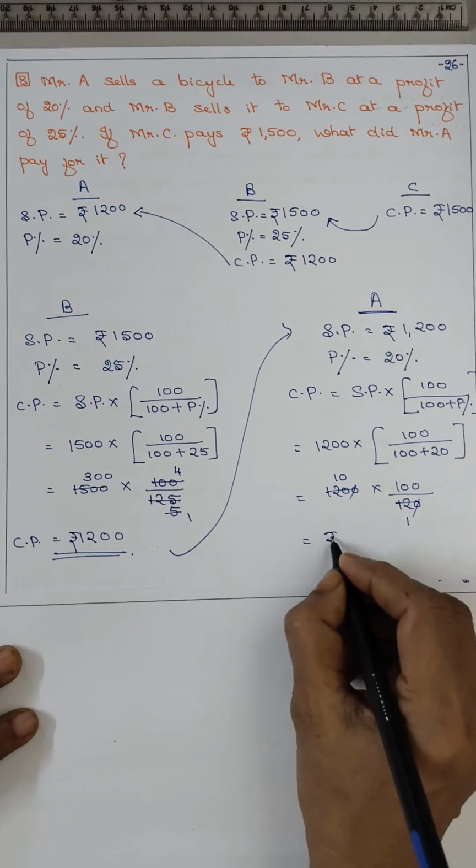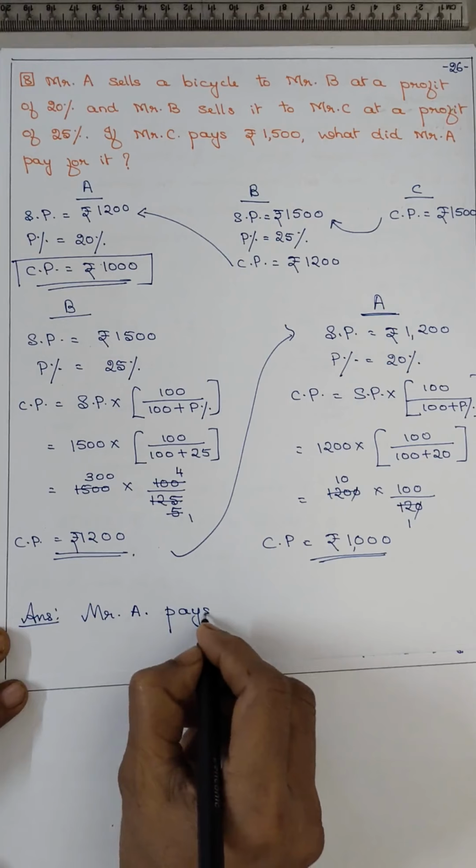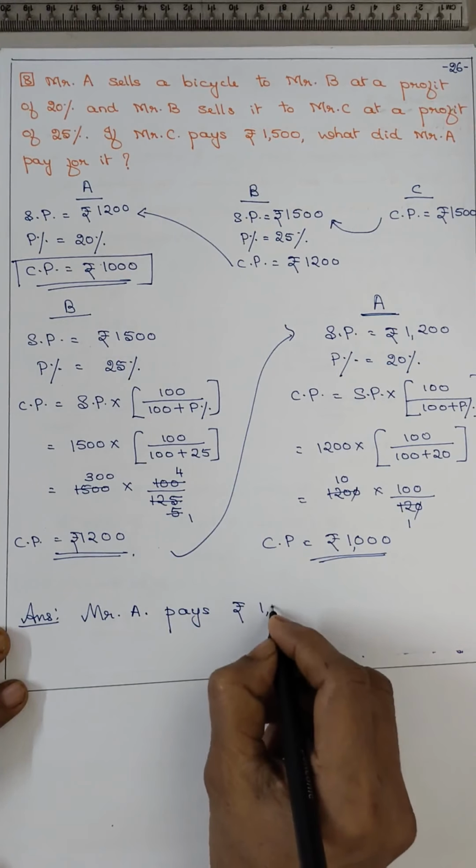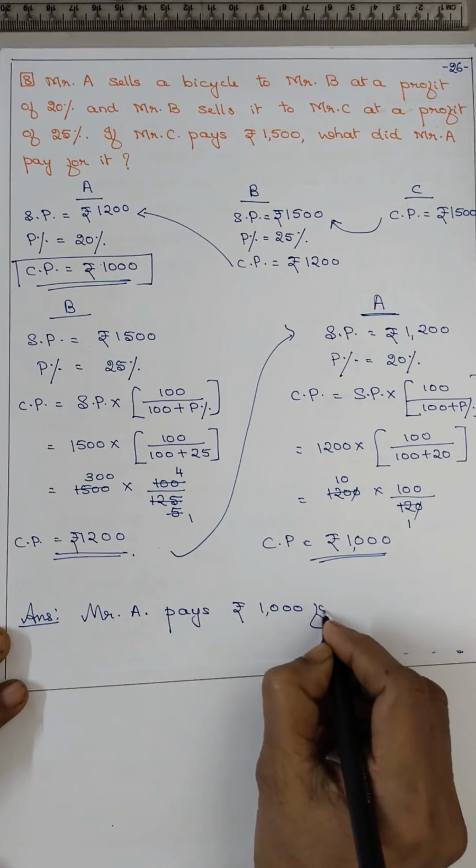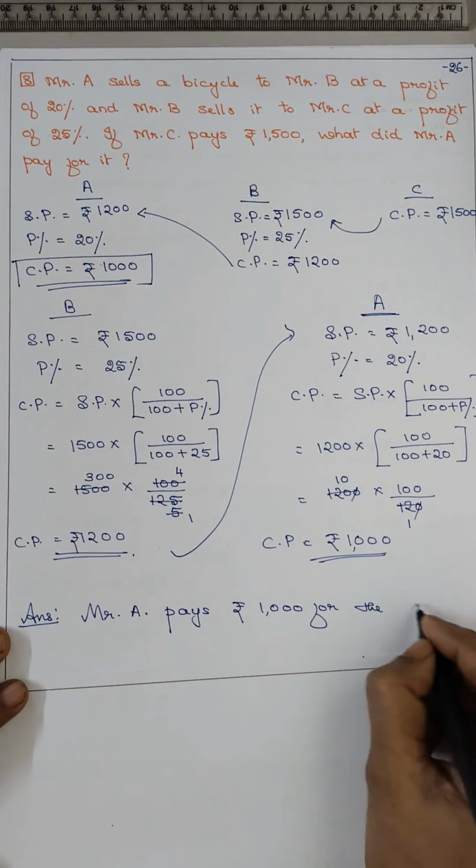So here CP is rupees 1,000. This is the answer. Answer: Mr. A pays ₹1,000 for the bicycle.